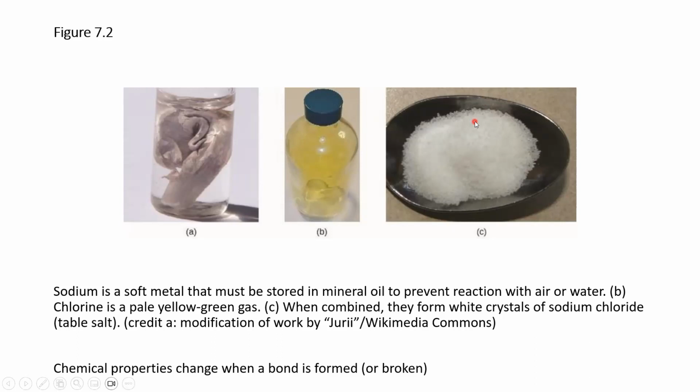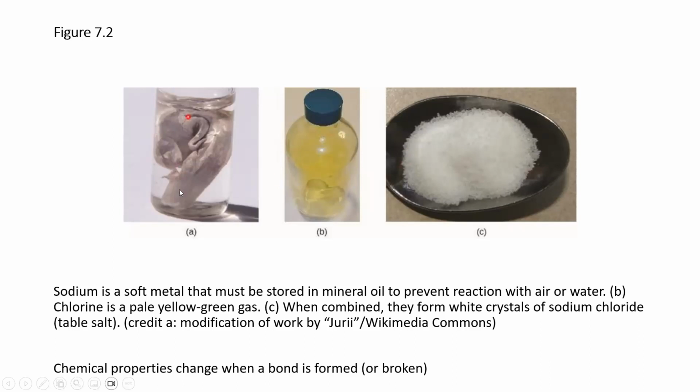Of course, we use it on food all the time to improve taste. And with the exception of high blood pressure, it's not really going to be too dangerous of a substance at all. But when we think about sodium and chlorine in their pure elemental states, that's going to be a much different case. Because once we take them together and bond them, it's an entirely new substance with entirely new properties.